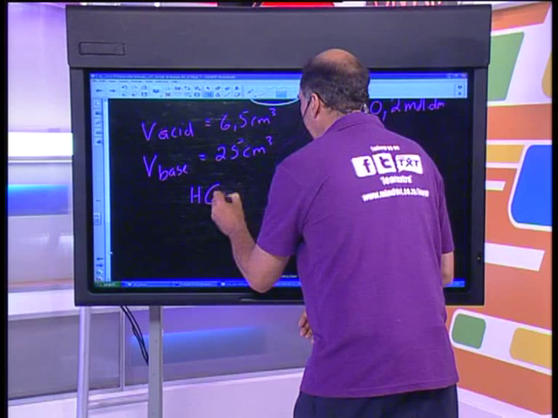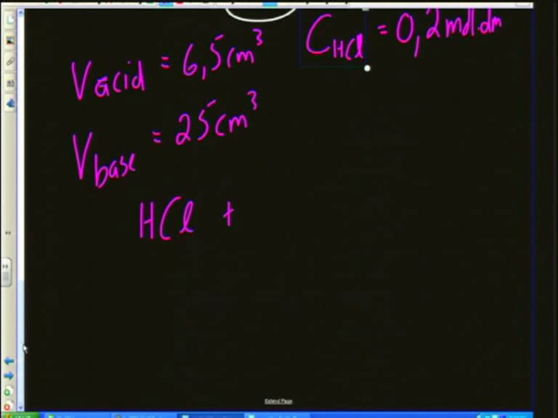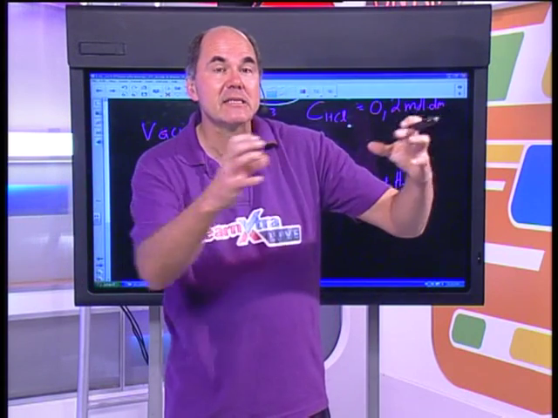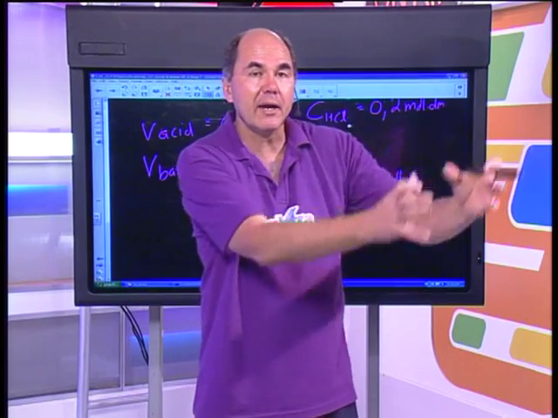So I'm going to say the balanced equation, HCl plus NaOH, to give me NaCl plus H2O. And what I'm going to recognize is that from the balanced equation, 1 mole of that will react with 1 mole of that to produce 1 mole, to produce 1 mole. This isn't always the same. What it's saying is that in this case, they're in the same ratio, 1 is to 1 is to 1.